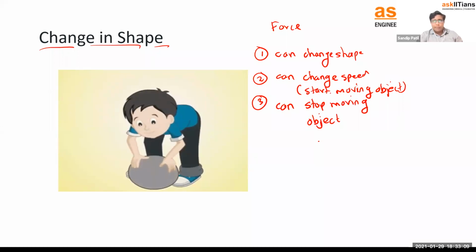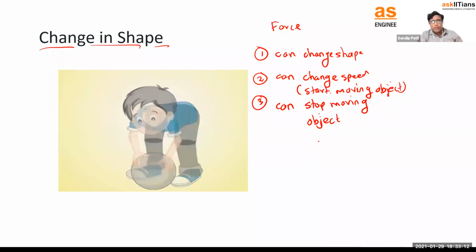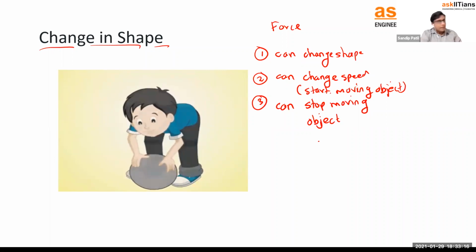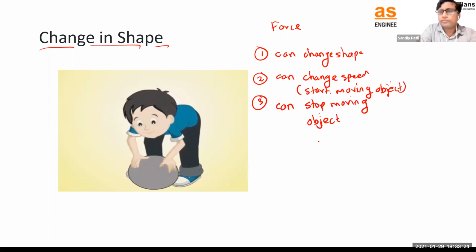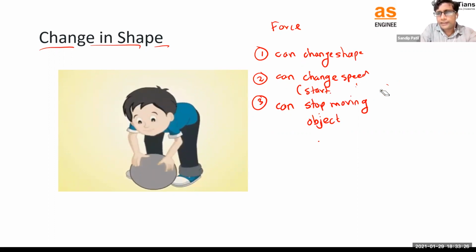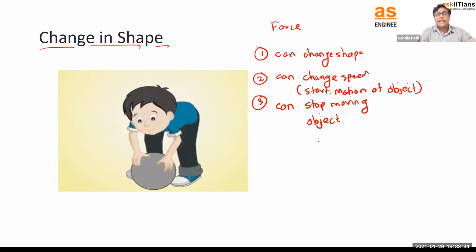You have to stop that ball from going into the goal post, right? So he's going to apply some force to stop that ball. So force can change shape, force can change speed, force can start the motion of the object. And we have also seen it can stop a moving object.